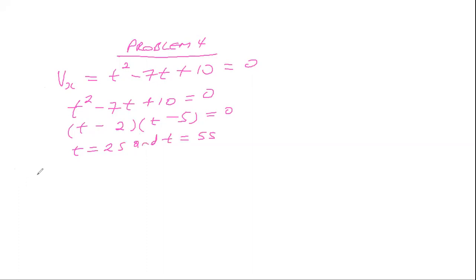That was 4.1, the values of time at the turning point. Okay, 4.2. Let's check what we're supposed to calculate for 4.2.